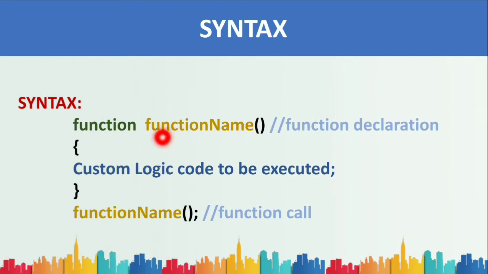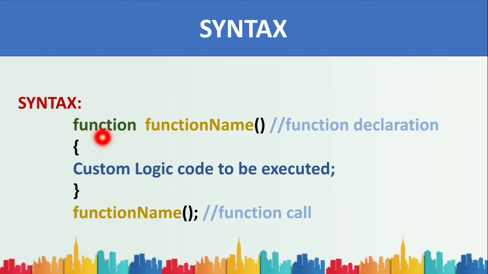Here the general term is function name, and in this place we have to specify a name. An open bracket and close bracket are called open parenthesis and close parenthesis. This line is actually the function declaration. And we have an open curly bracket and close curly bracket. Inside this we can write any customized logic code. So this is the general procedure.